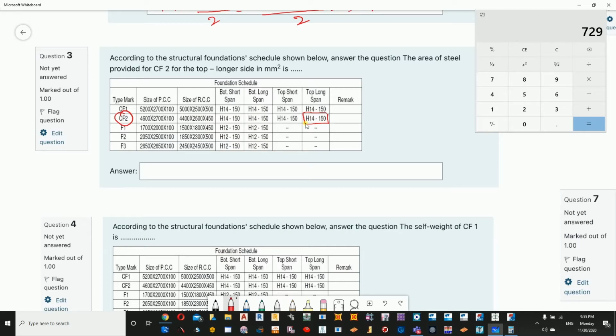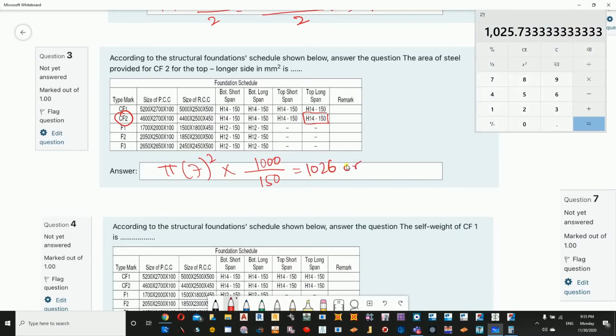So you can get it by calculating with πr², so π into 7 squared, that's the area of one bar, multiplied by 1000 divided by 150, as I told you, where the answer is 3.14 multiplied by 7 multiplied by 7 into 1000 divided by 150, which is 1026.